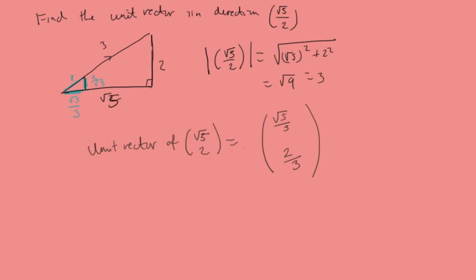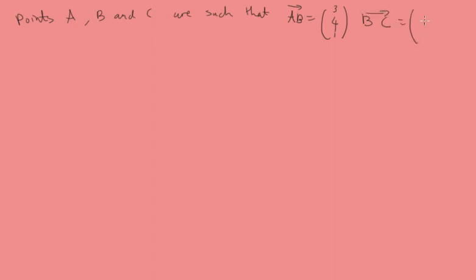Let's do another one. So we've got points A, B and C such that AB equals (3, 4, 1) and BC equals (11, -2, -1).